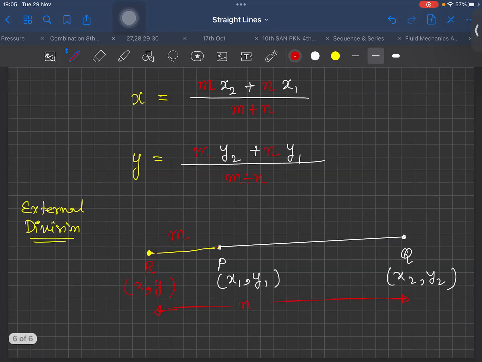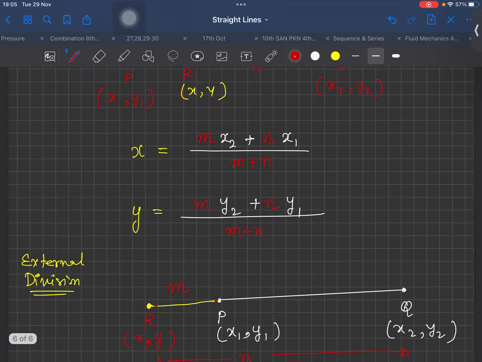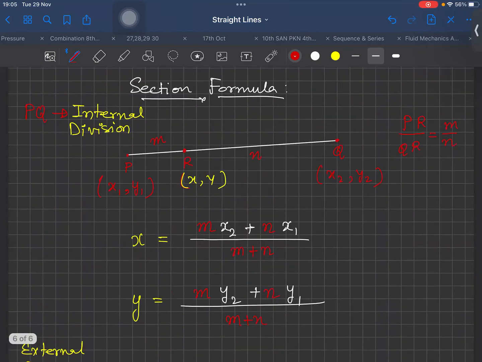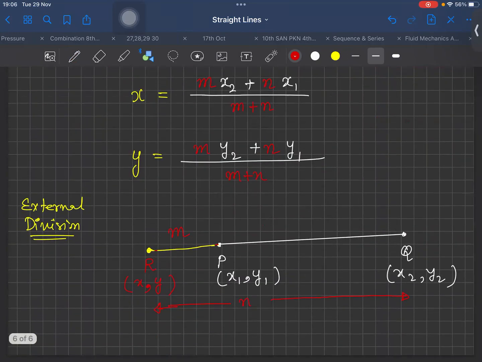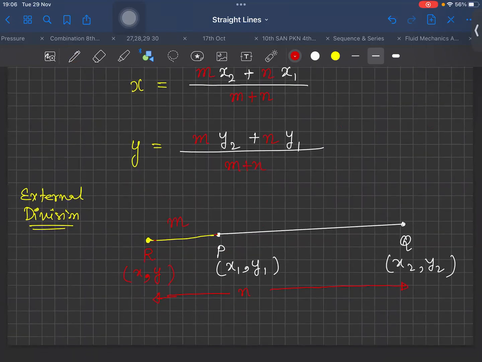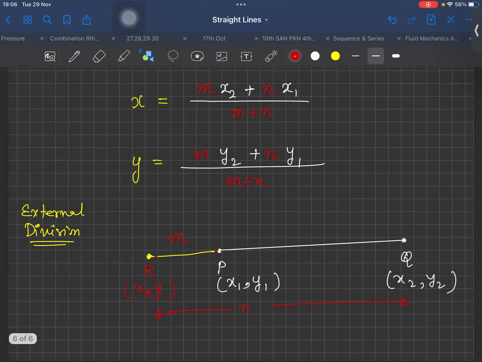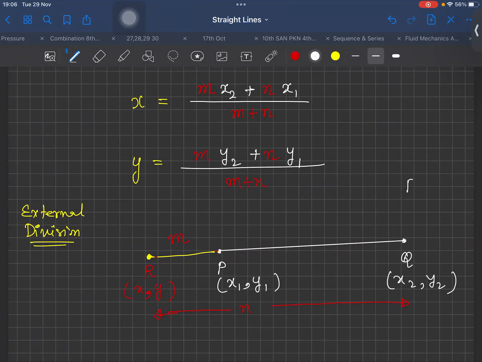Right? That means, see, just understand this here. PR by QR is m upon n. Here also, PR, you are getting it, Murli, or not? PR, yeah, n is from R to Q. See, if n is from P to Q, then it will be internal division, right? It is external division.